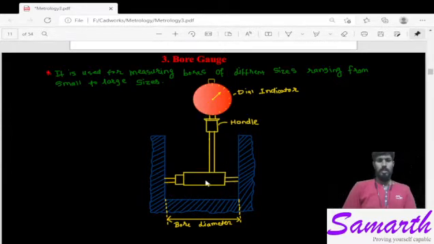Now this linear distance will be measured on this circular scale. It is used for measuring the bore of different sizes ranging from small to large sizes. Right, this is the handle. Here we have to hold the bore gauge, and this will be the diameter of the bore.